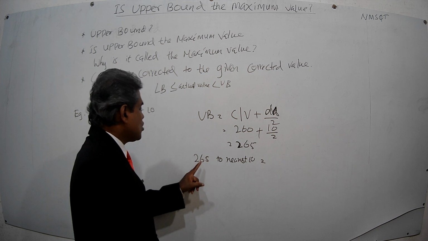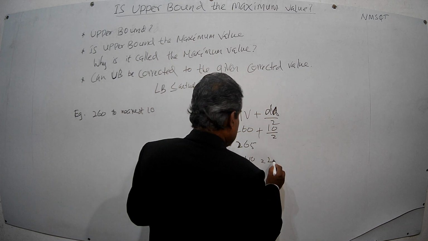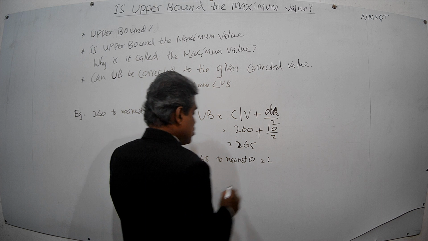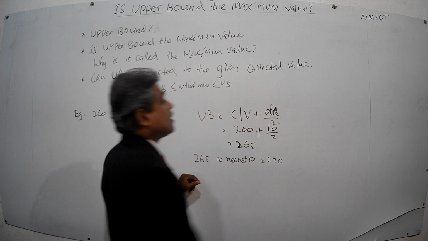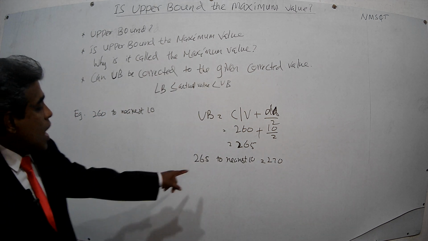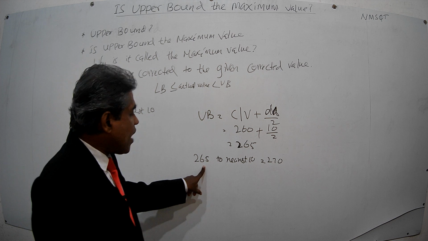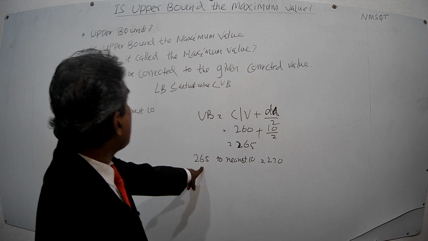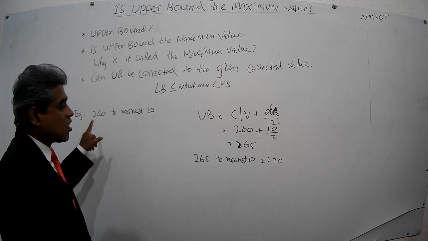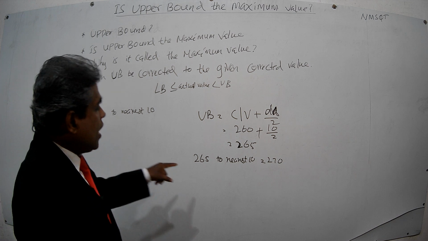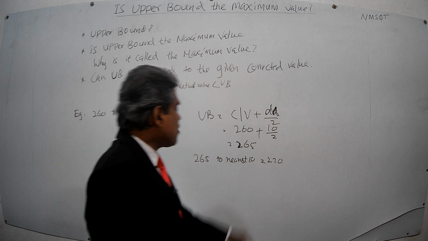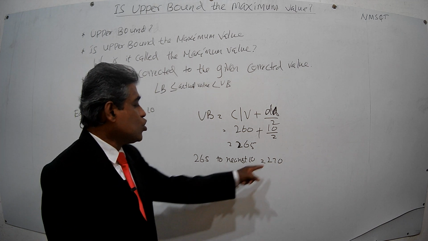As it is 5, add 1 to this one, according to the rule of rounding off. That gives 270. If you round this 265, the upper bound of the corrected value 260, the answer will be 270.